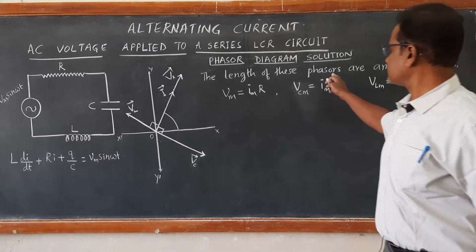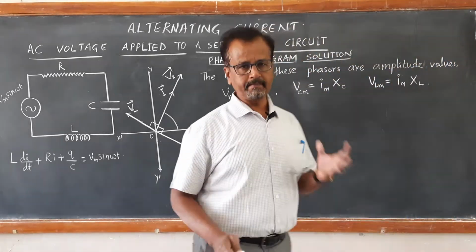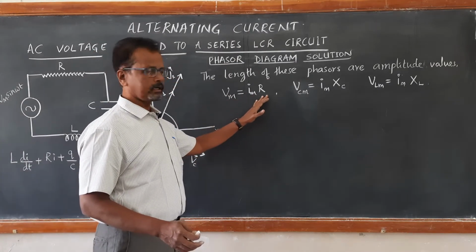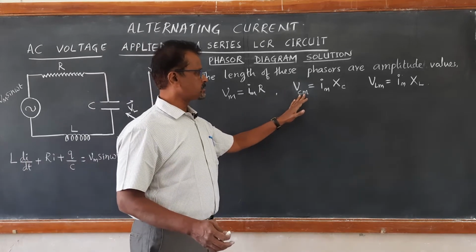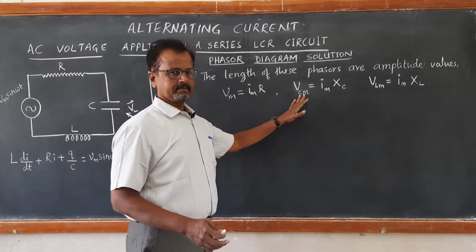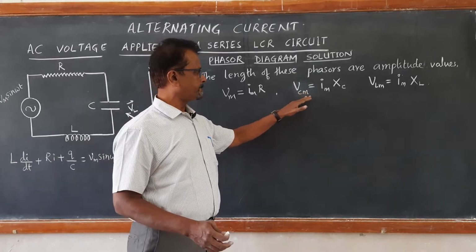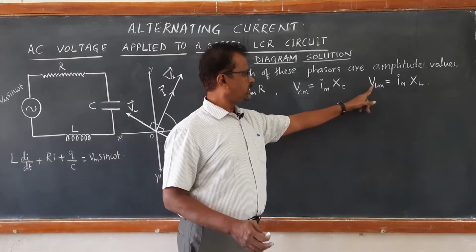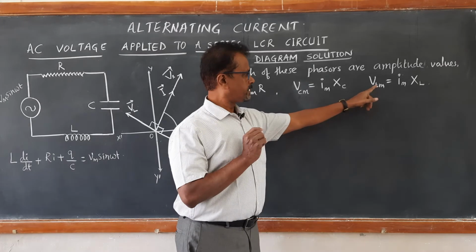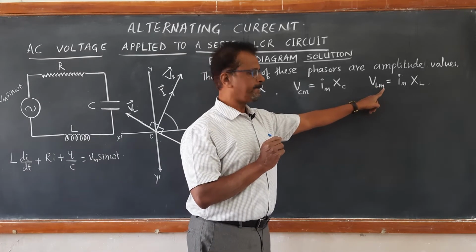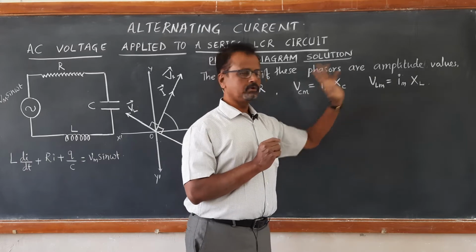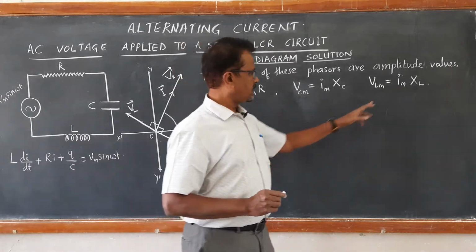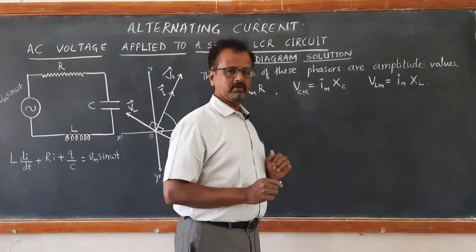Here the lengths of these phasors are nothing but the amplitudes, the maximum values of voltage across resistor, VRM equal to ImR, maximum voltage across capacitor, VCM equal to ImXC, where XC is the capacitive reactance, and maximum voltage across inductor is VLM, VLM equal to ImXL, where XL is the inductive reactance, Im is the maximum current, that is peak value of current.